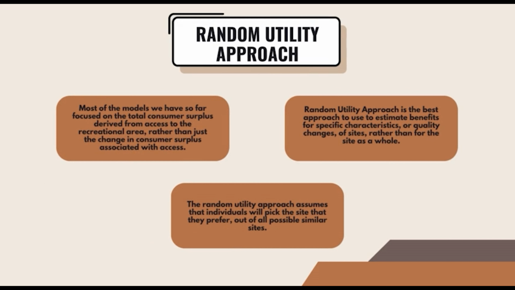Individuals make trade-offs between site quality and the price of travel to the site. Hence, this model requires information on all possible sites that a visitor might select, their quality characteristics, and travel cost to each site.